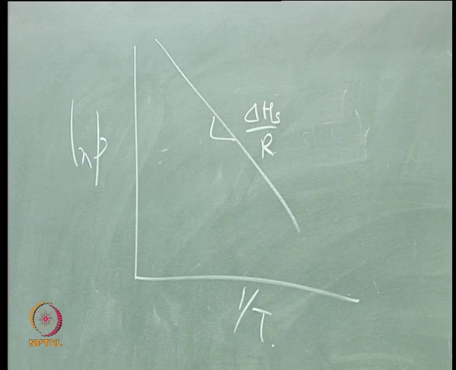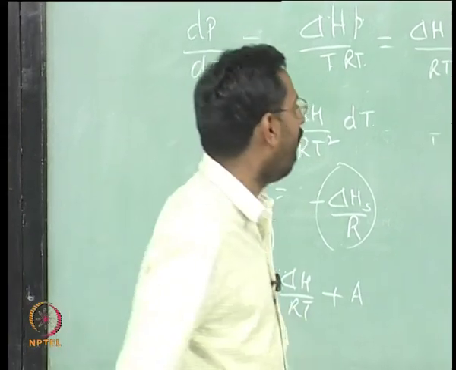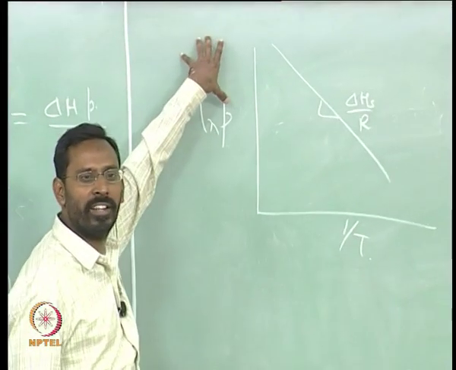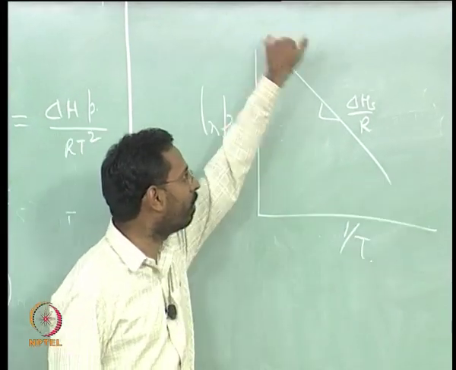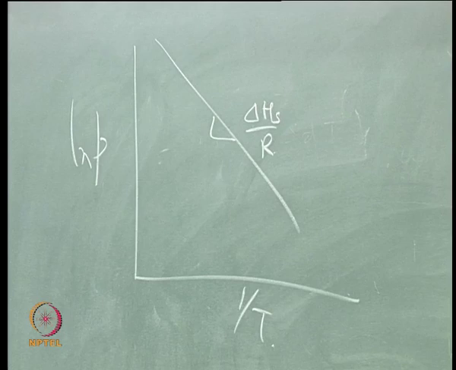There are so many methods, chromatography methods and spectroscopic methods, available to measure the partial pressure of gases. If you can do those things, then plot it at various temperatures, get a least square fit, and from that you will be able to measure the sublimation enthalpy.